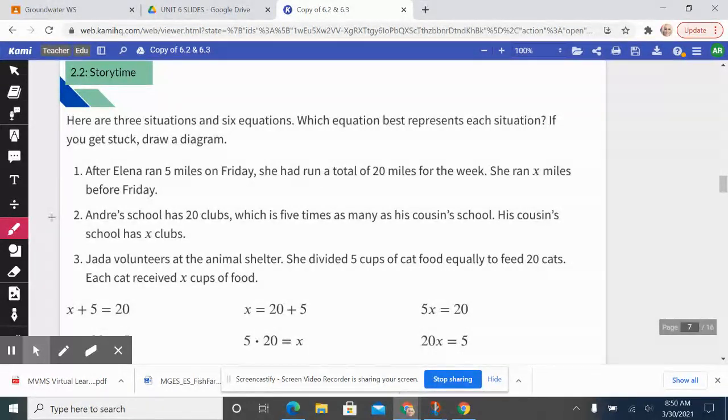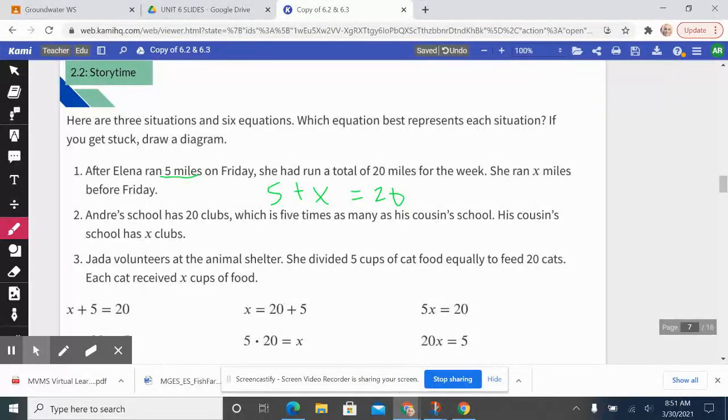So what you can do is you're just putting the words and you're making an equation. Well, I know she went 5 miles. And I know her total was 20. Okay, so that is just common sense right there, right? But I don't know what she did before Friday, right? So I would do plus X. Okay, so that's what you should write down for number 1.